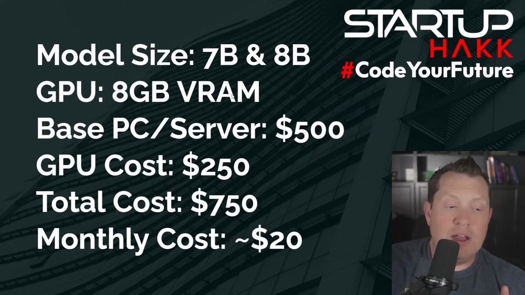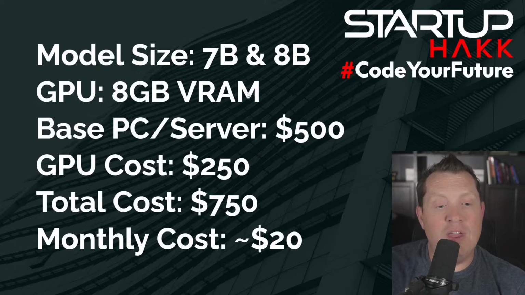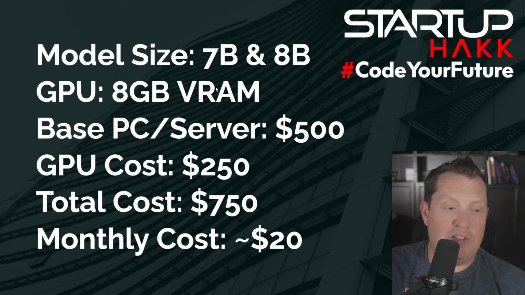Part of what really rattled a lot of people was how efficient the DeepSeek models were in size. You can run an 8 billion parameter model comfortably on 8 gigabytes of RAM on the GPU and still get very high performance. Easily run on your base PC server, that same $500 PC you had.